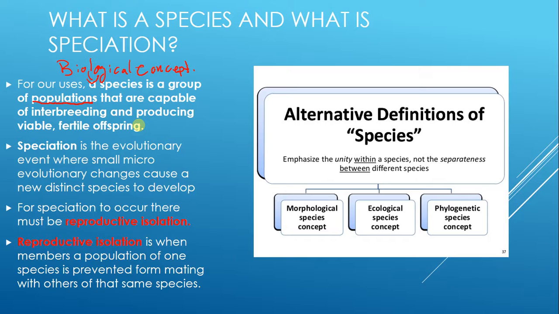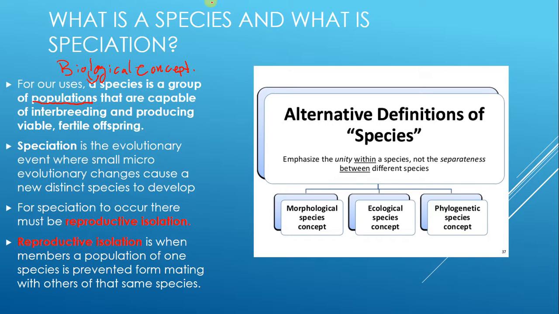So these populations of the same species have to be capable of mating with each other, and the product of their mating is able to develop in the womb, be born into a living, viable offspring that then is fertile and can reproduce.